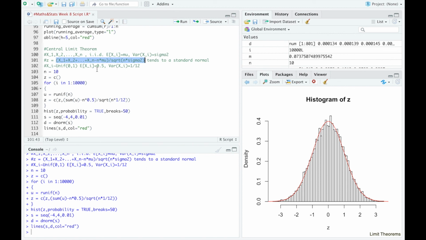If the random variables are uniformly distributed, then the convergence is pretty fast. With 3 random variables, the distribution of that transformation is almost normal, and if we increase n to 10, the similarity with a standard normal distribution is almost perfect.